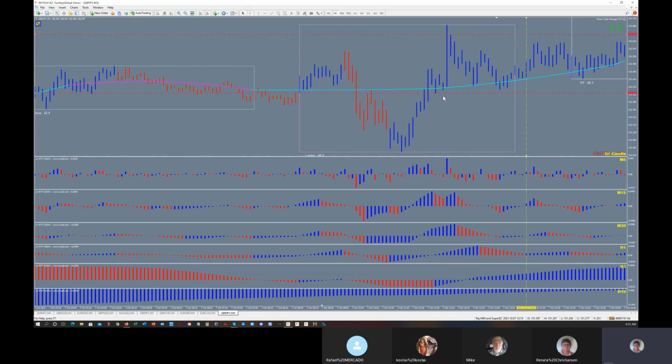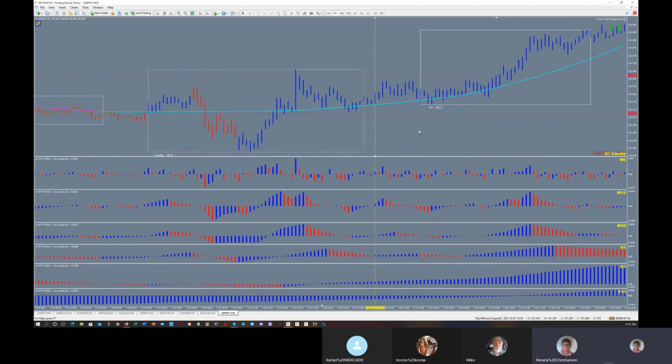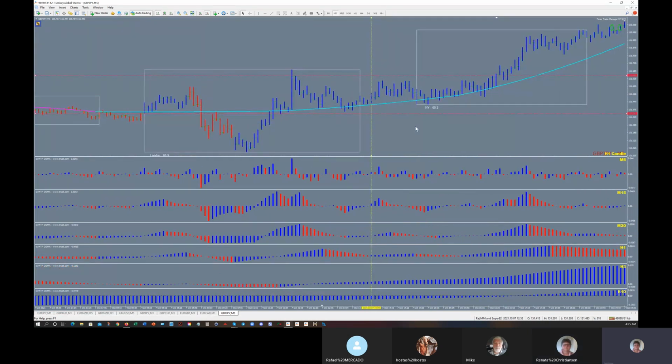30 pip stop loss. No way, right? So what do I do? I wait for the next setup. Next setup, it's right here.